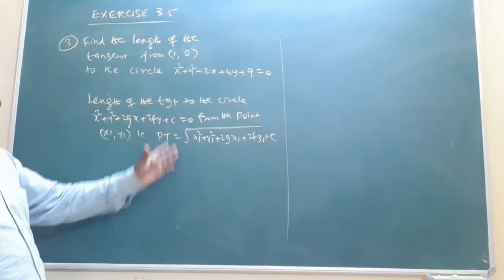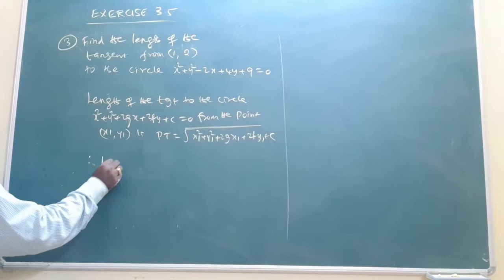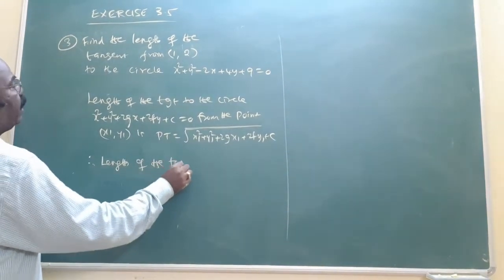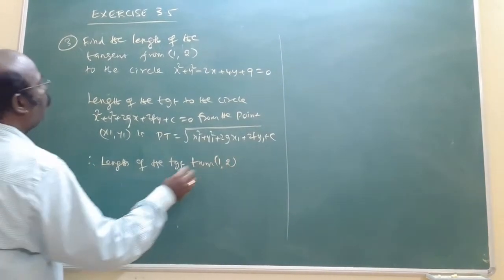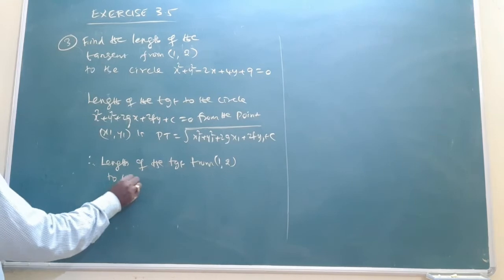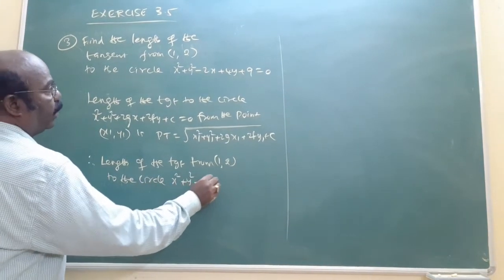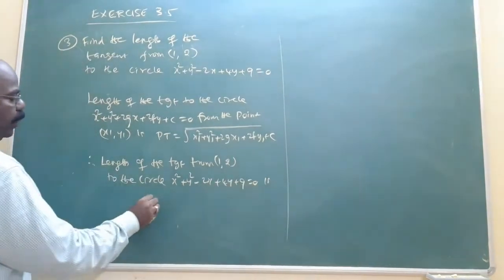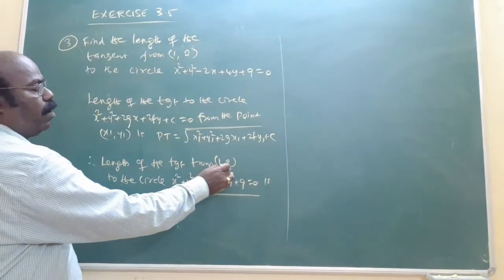Circle, up to the point, inside the square root. That's the formula. Now what is the saying? Therefore, the length of the tangent from (1, 2) to the circle x square plus y square minus 2x plus 4y plus 9 equal to 0 is the square root of x1 square plus y1 square minus 2x1 plus 4y1 plus 9.